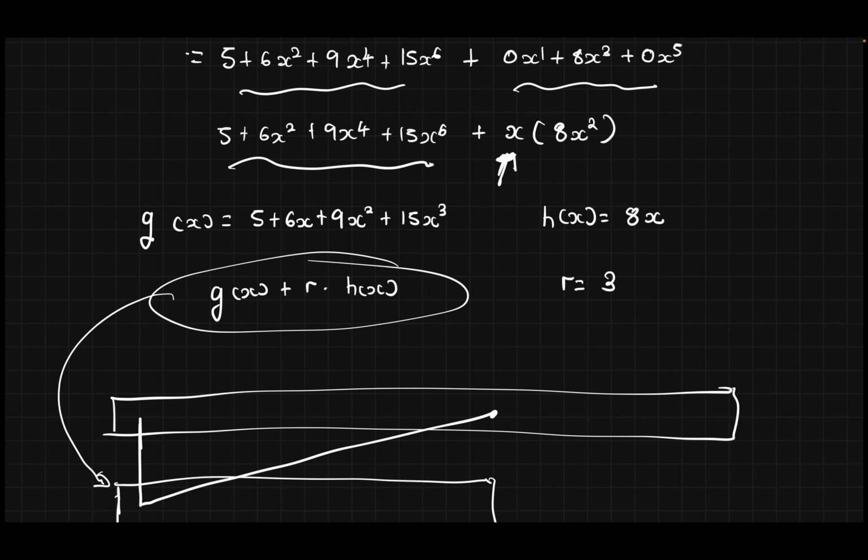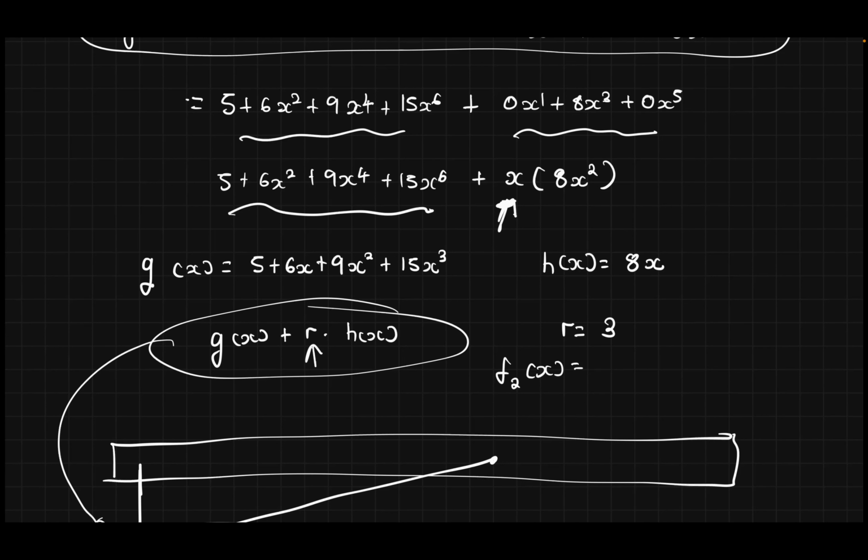So the polynomial for the next code word, let's call it f2, is going to be what? X is our r. That x is now our r. This will be replaced with r from the verifier.